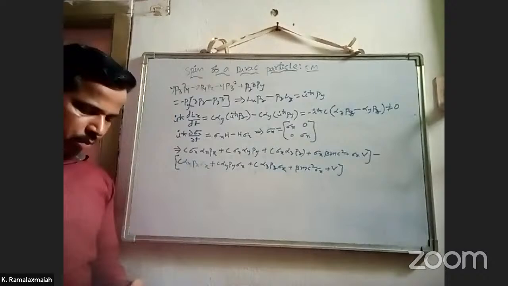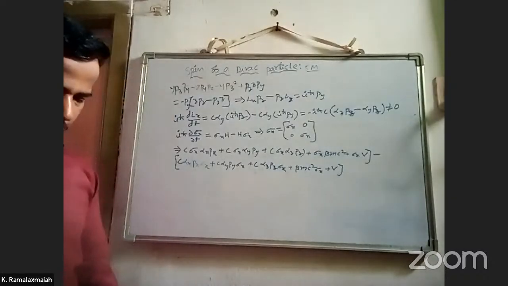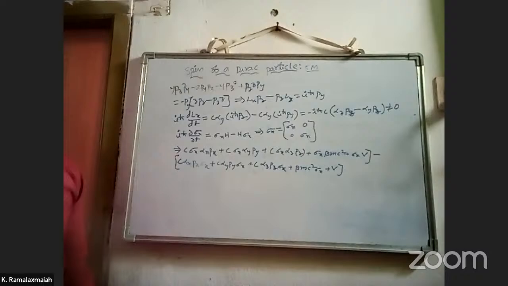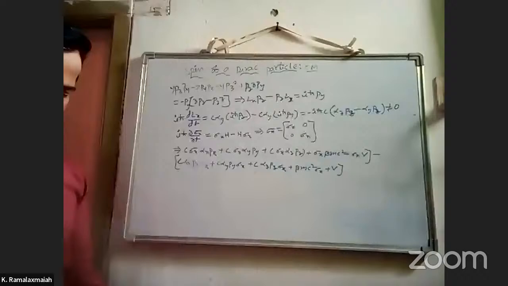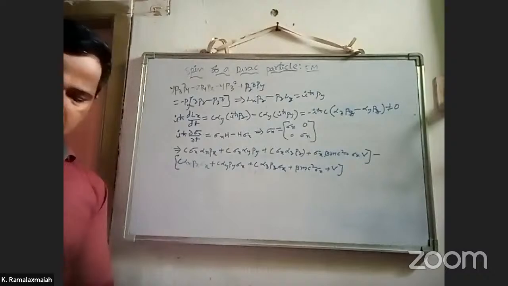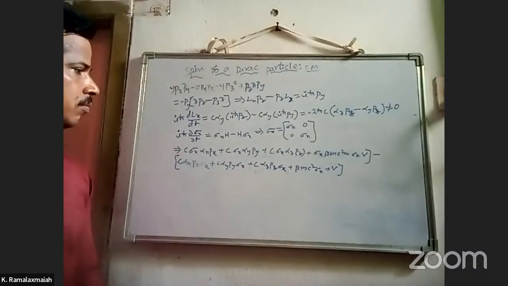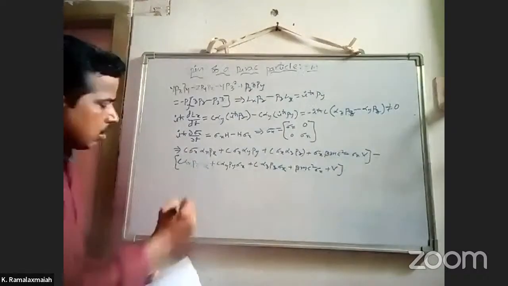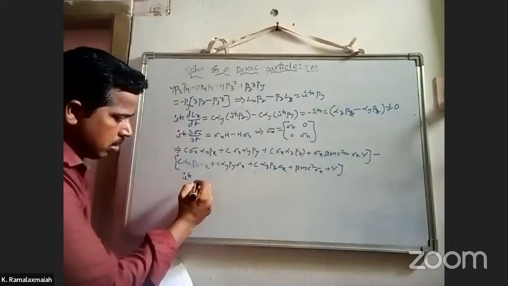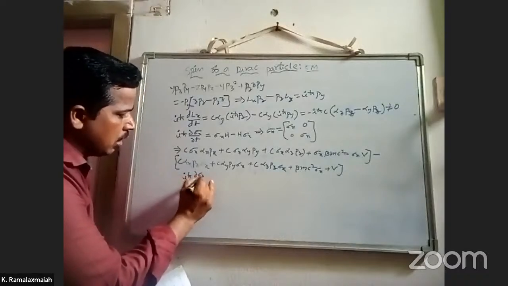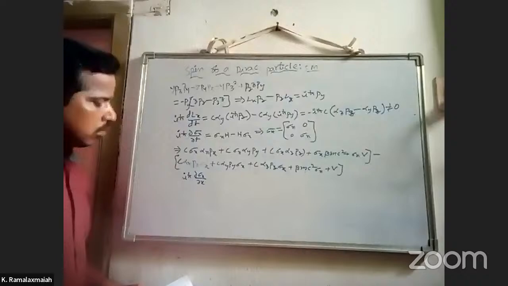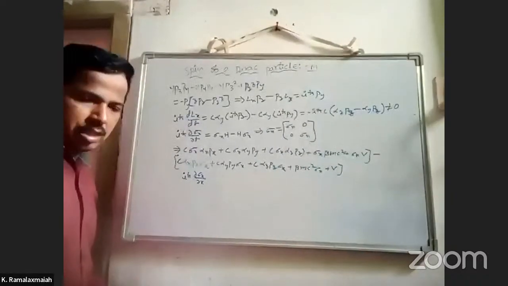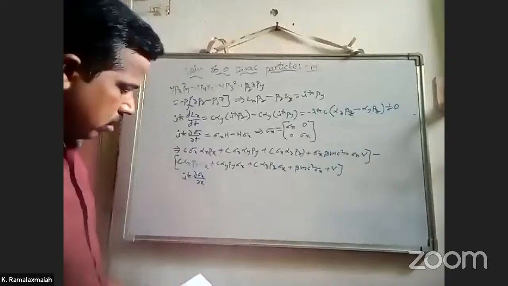But here σx is commutative with every component, with αy and αz. Therefore iħ ∂σx/∂t, that is the t term.